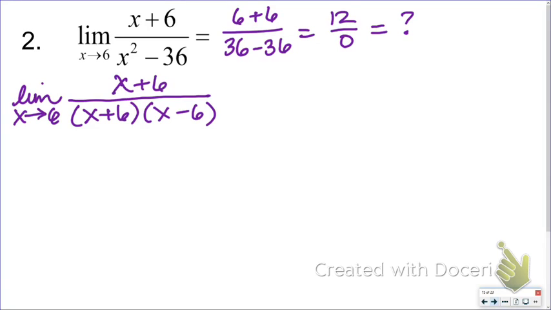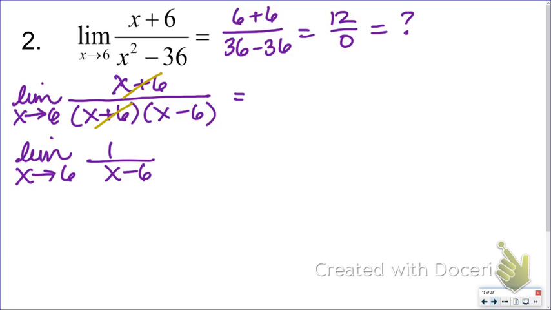And now you can see I can cancel out the x plus 6's, and I'm going to get the limit as x approaches 6 of 1 over x minus 6. And now when I plug in, I still get an answer that is problematic. I get 1 over 0.